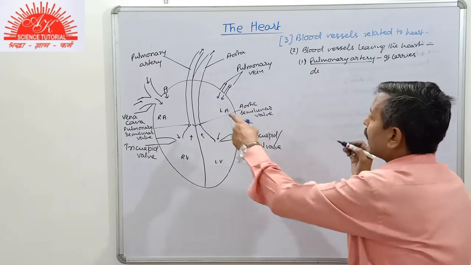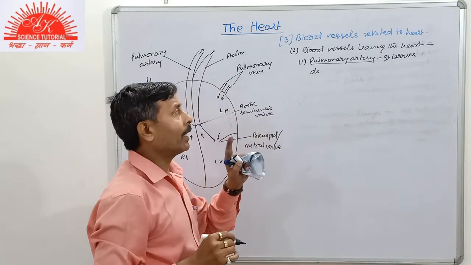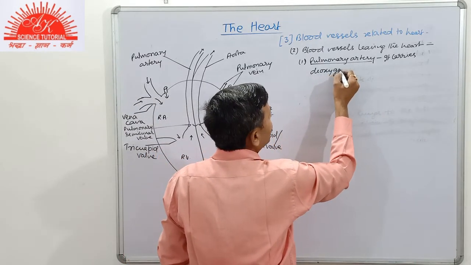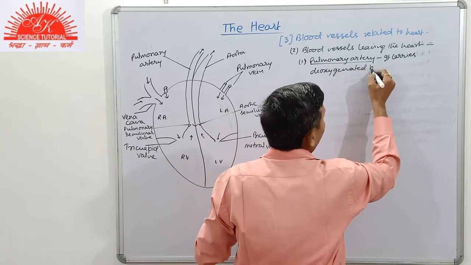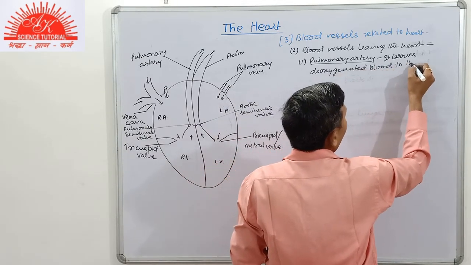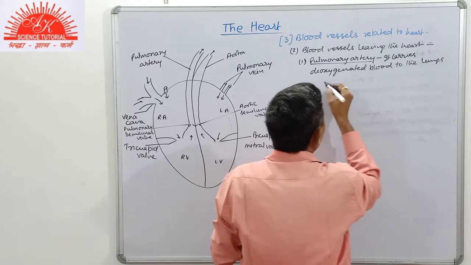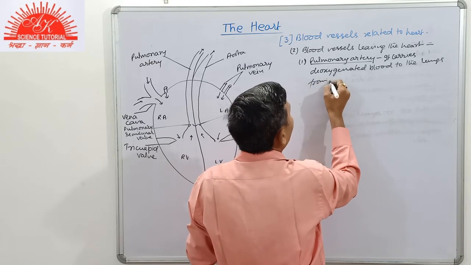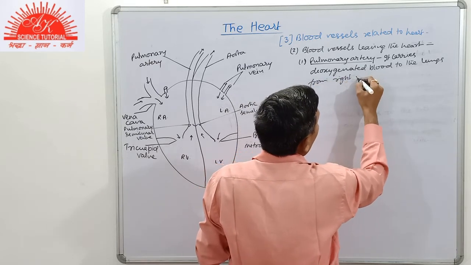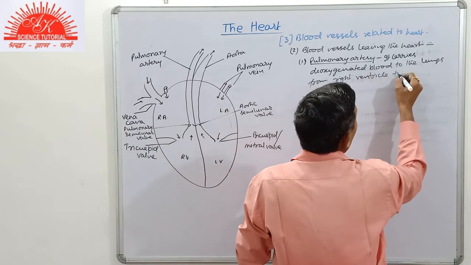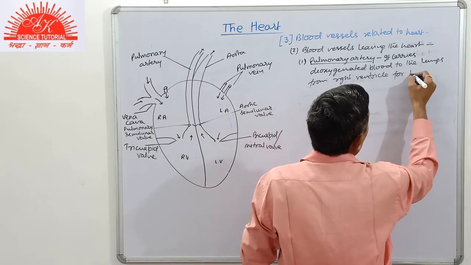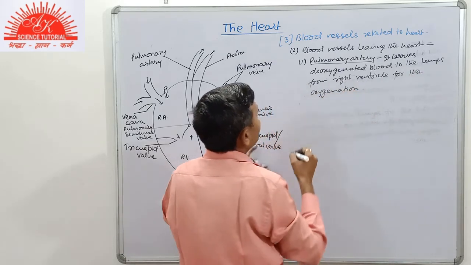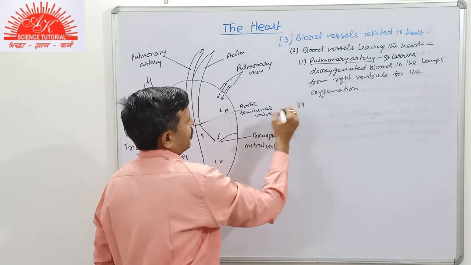Again, this is the exception, because arteries generally carry oxygenated blood, but the pulmonary artery carries deoxygenated blood to the lungs from the right ventricle for oxygenation. So this is the pulmonary artery, which is an exception.